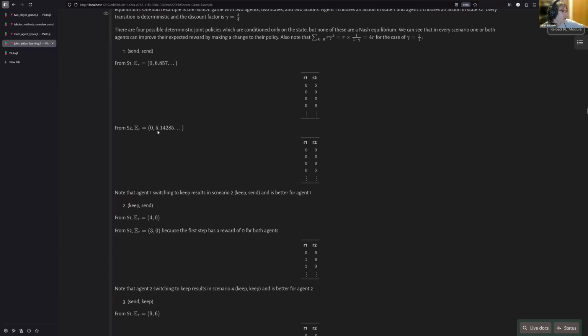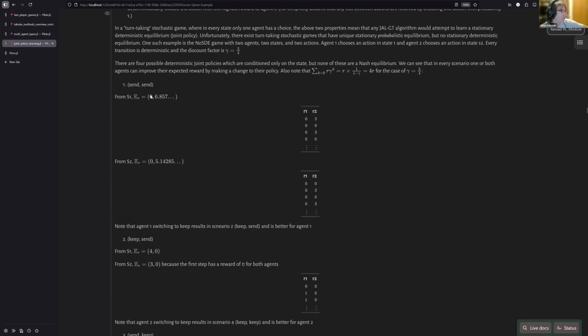And similarly here, this is a lower value because the reward is shifted 1 step into the future here. Okay, so now we have what the values are for the different scenarios for the 2 agents when they follow this joint policy, send. And for each of these, we can ask, is this deterministic joint policy an equilibrium solution?